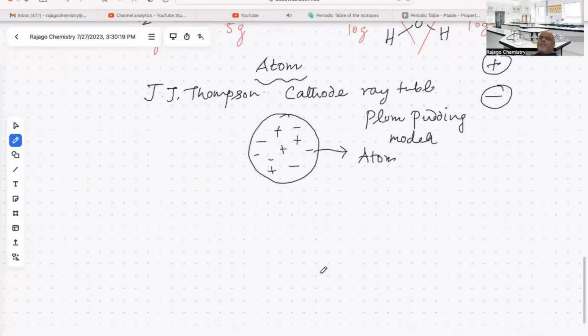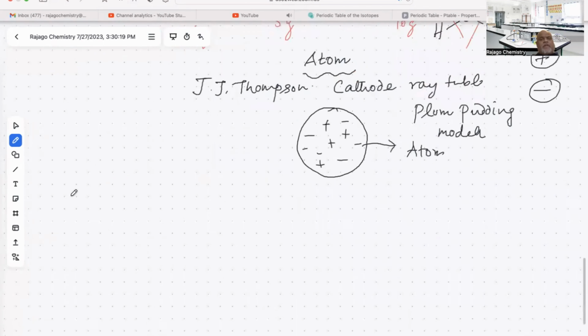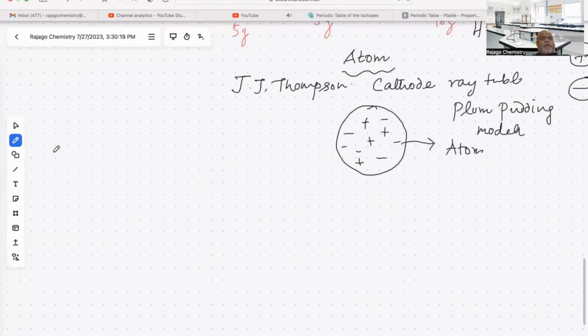And during that time, radioactivity research was also happening deeply, in nuclear chemistry.